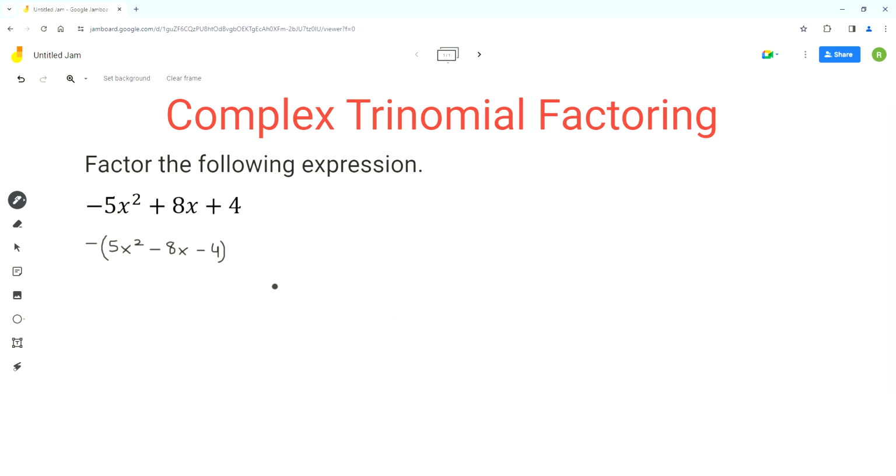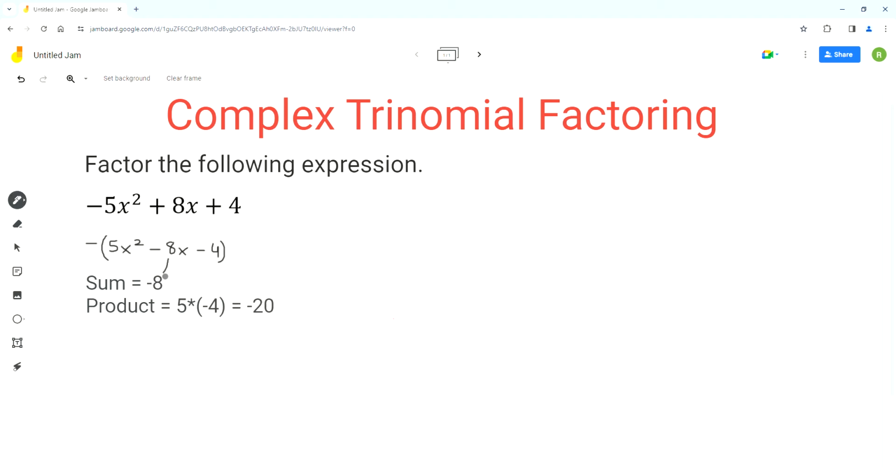So there is a very important concept you need to understand and memorize to factor this kind of expression. We can factor this expression in the parentheses using the decomposition method. So we'll find two numbers whose sum is negative 8 and the product is 5 times negative 4, which is equal to negative 20.